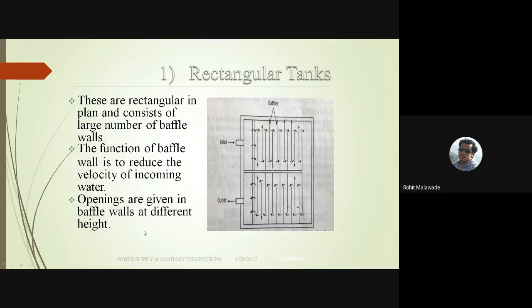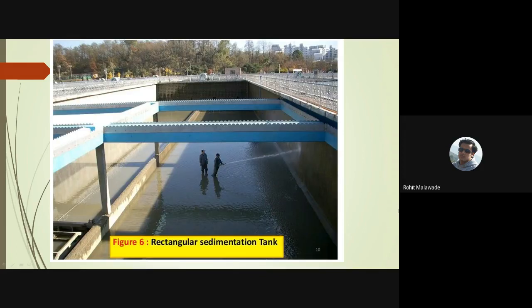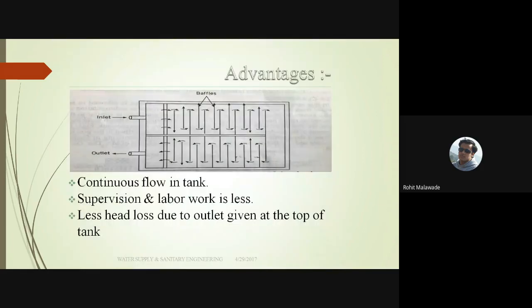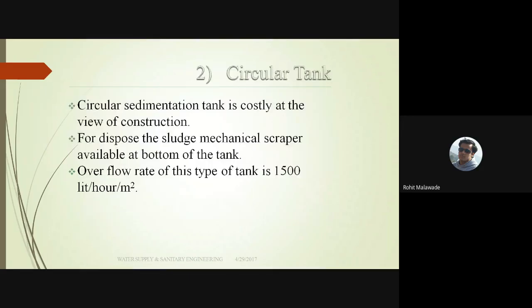The openings in the baffle walls are given at different heights. This is your rectangular sedimentation tank. It maintains a continuous flow in the tank, the supervision and labor work is less in this type of sedimentation tank, and less head is needed at the top.